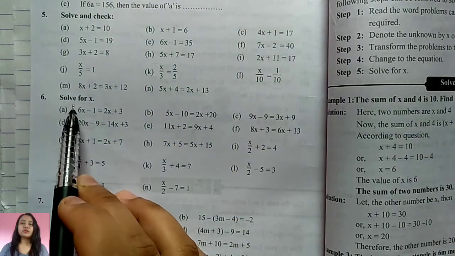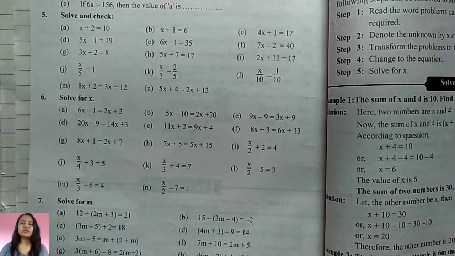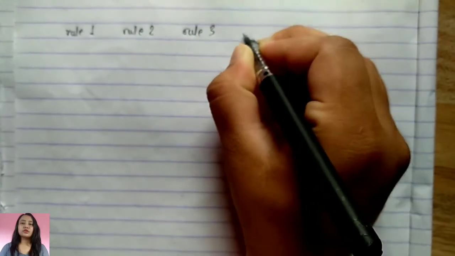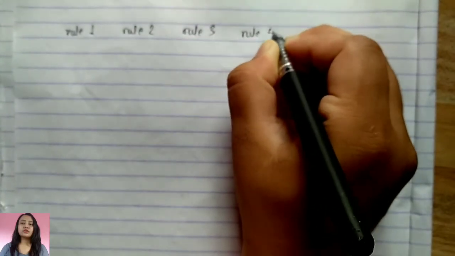Then we have to solve for x, or solve for m. So these are the different sorts of questions that will be asked in the exam, and you need to find the value of x. We have different methods: rule 1 is the addition method, rule 2 is the subtraction method, rule 3 is multiplication, and rule 4 is the division method, right?